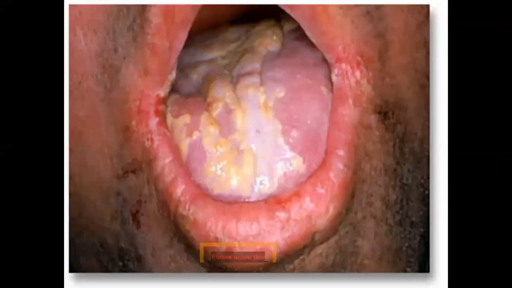This is tongue showing oral candidiasis. This is called oral thrush. Same way, esophageal thrush, or we call it vaginal thrush if it is a genital infection.